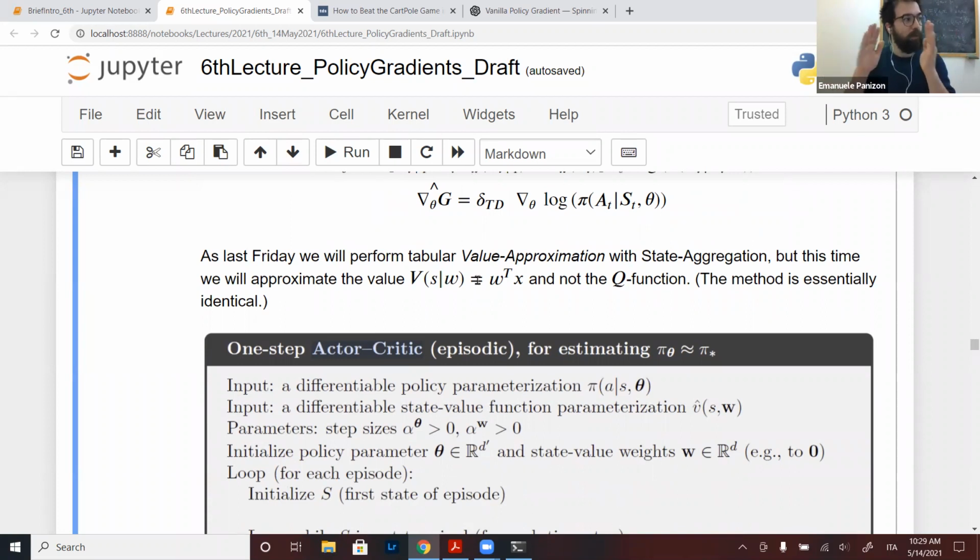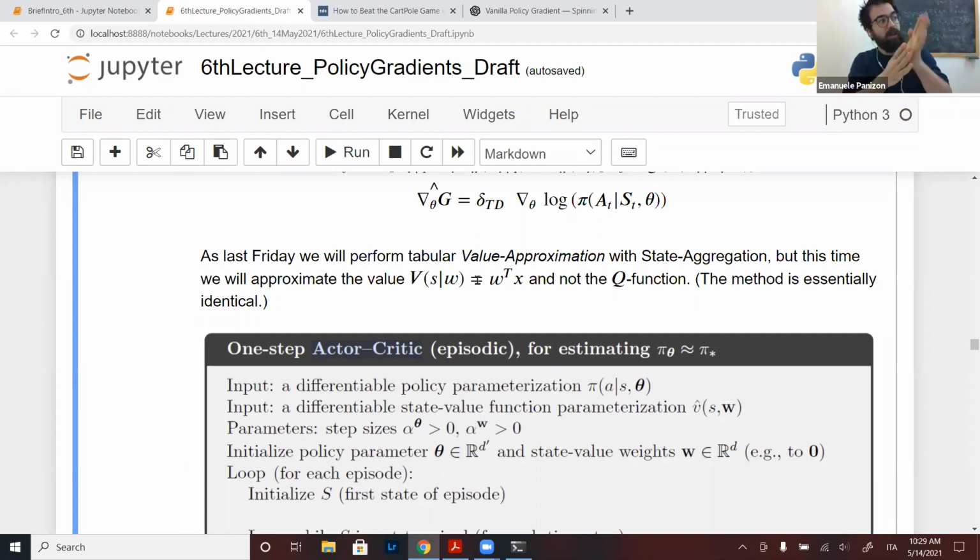So you have two time scales: a time scale in which you have to learn the value and a time scale in which you have to update the policy. The time scale in which you learn the value should be much faster than the time scale in which you update the policy, because the policy doesn't care. Once you have a policy, the next step is automatically done correctly with the probability dictated by the policy.